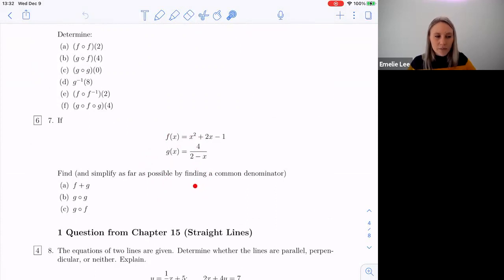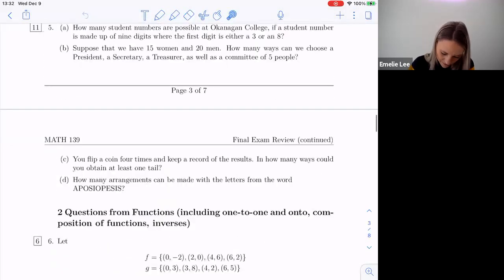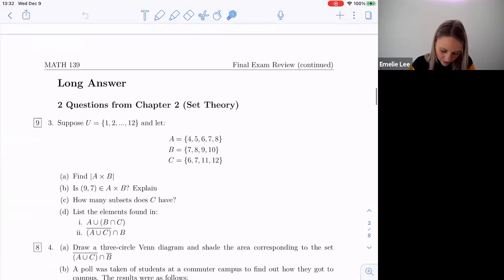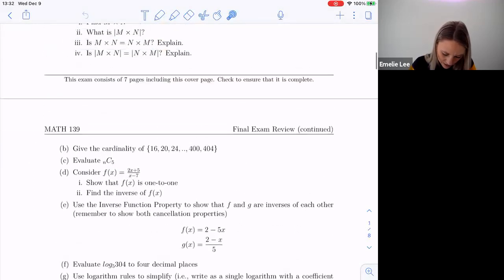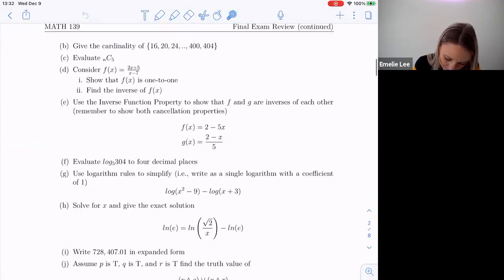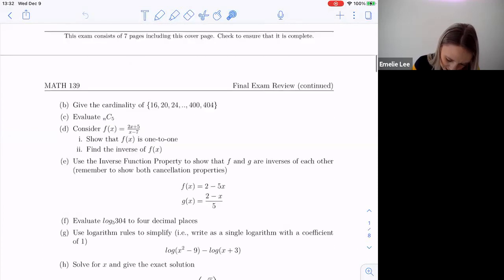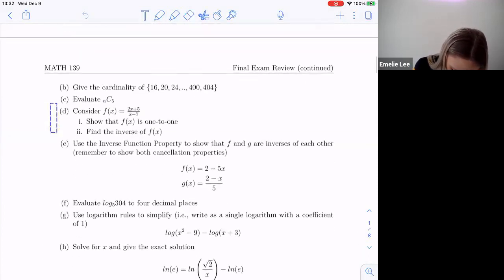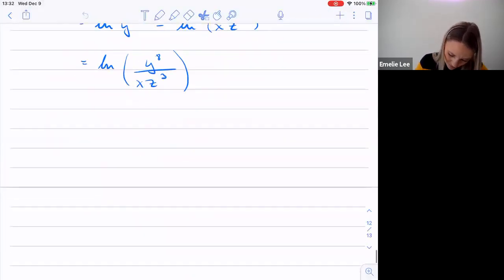So the only time that I'm going to ask you to find the inverse, it looks like it's in the short answers, part D. Back to the practice final.